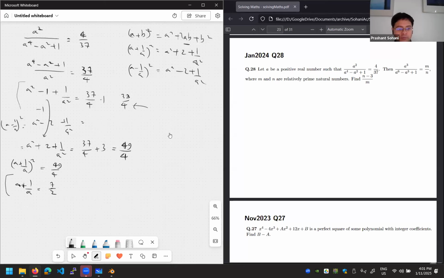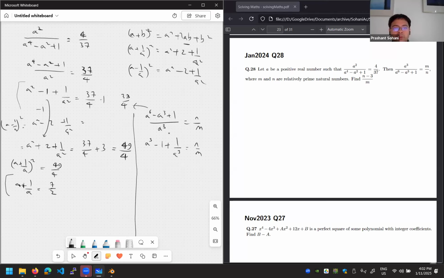If I write what they have asked and take the reciprocal of that, and if I expand it, I'm going to get a cube minus 1. So I'm interested in finding this a cube. The -1 is not important, but I need to find a cube plus 1 over a cube. And what I right now have is a plus 1 over a.